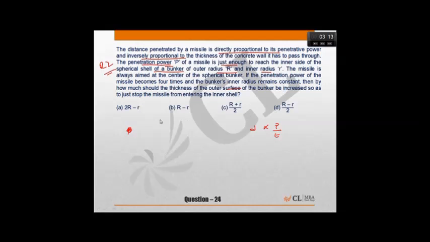So this implies D is equal to KP upon T, or in general, D1 by D2 should be equal to P1 by P2 into T2 by T1.